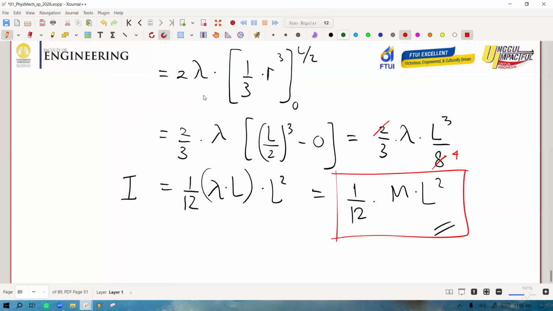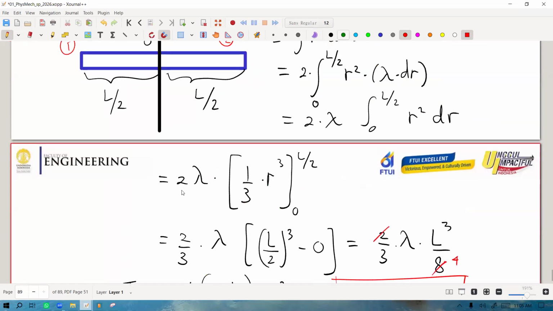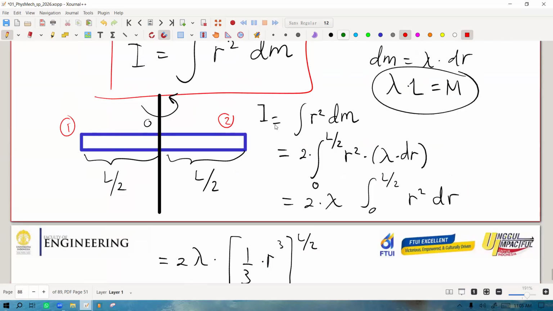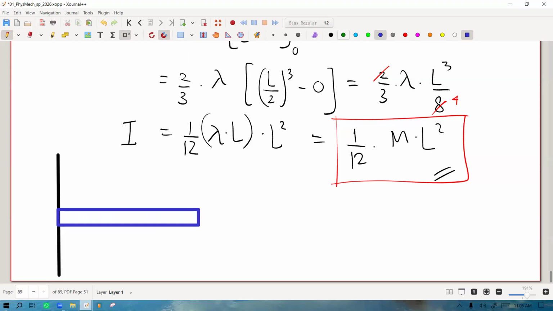So imagine again here is the bar, and then I move the axis to the left or right side. If I move the axis, for example, to the left side, here is the parallel axis.